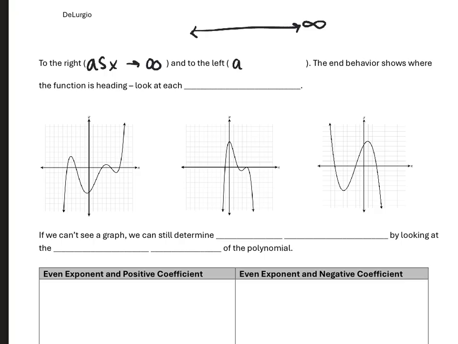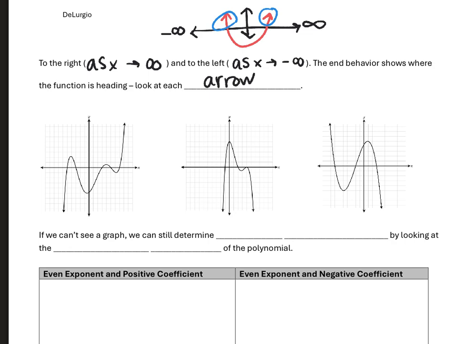End behavior to the left, we'll say as x approaches negative infinity, because negative infinity is to the left on our x-axis. The end behavior will be where the arrows of the function are headed. So we're looking at the right arrow and the left arrow in order to talk about end behavior. Okay, so look at each arrow.